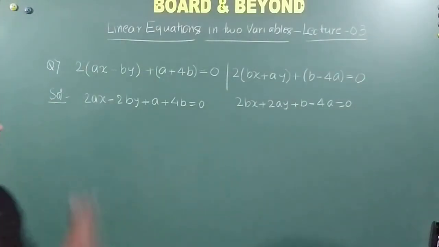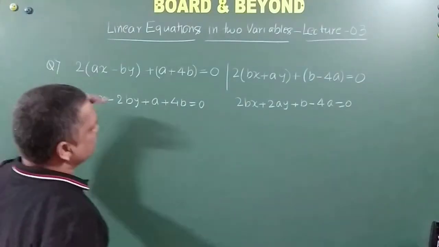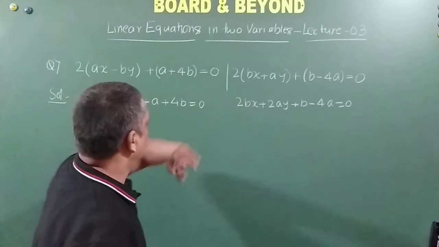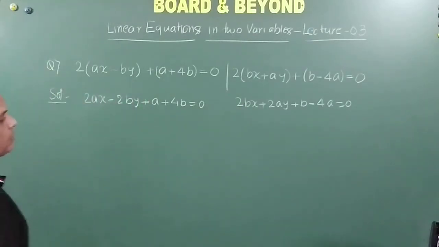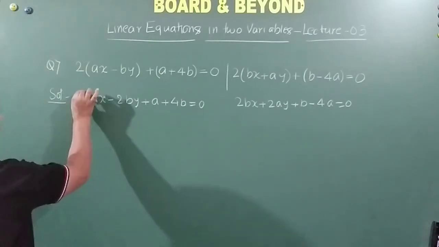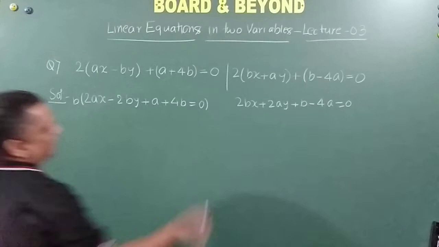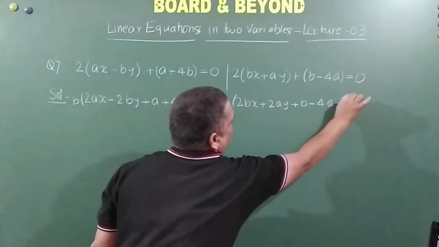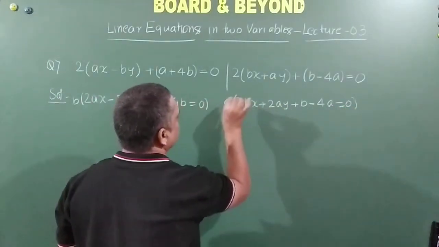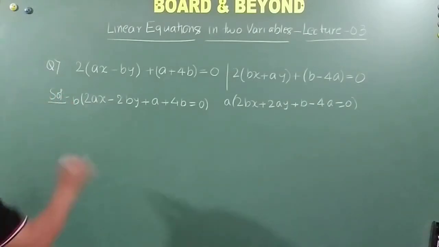Now we need to eliminate either one variable, that is either x or y, right friends? So what we can do is multiply this complete equation with b, and this complete equation with a. Now let me tell you why I did this.